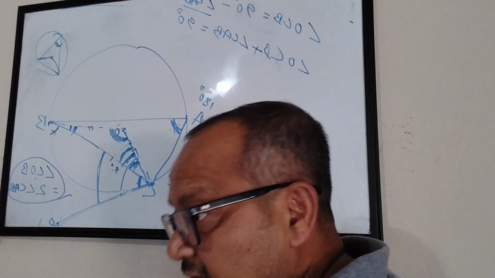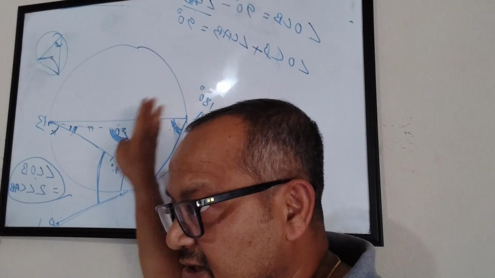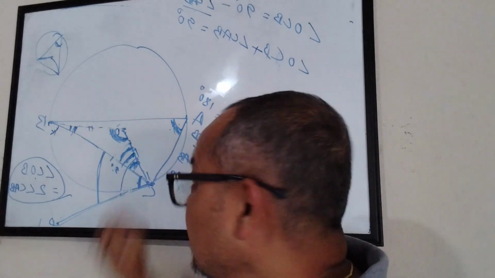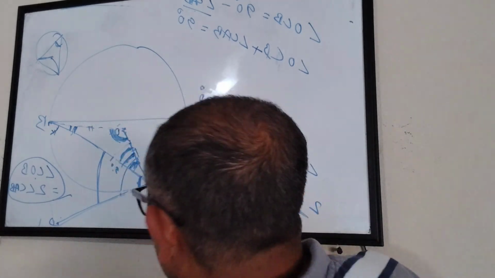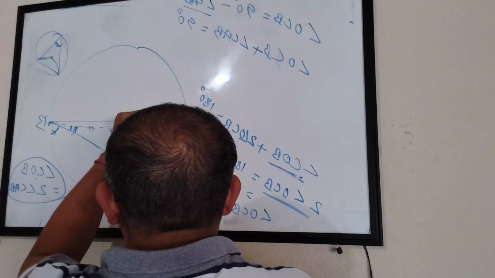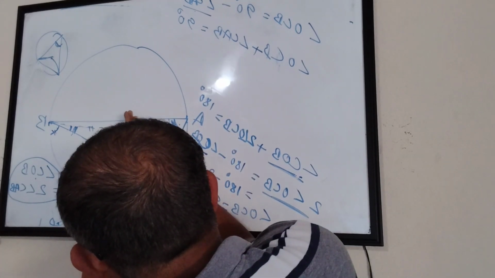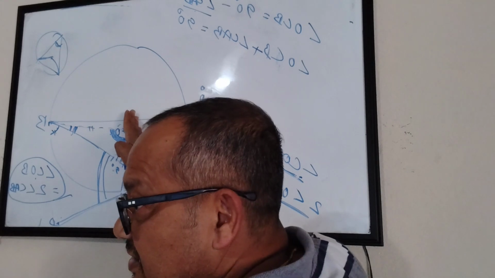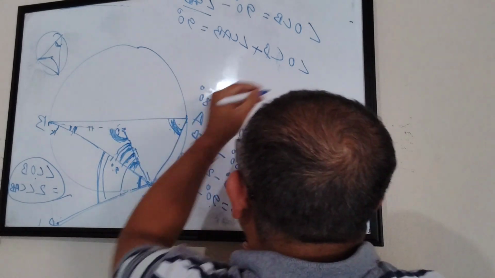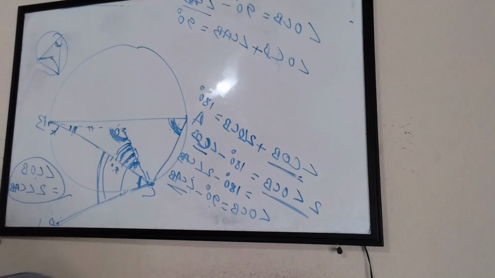So far it's fine, right? I'm just juggling with the same equation. I moved from this side to that side. Now it says this angle plus this angle is 90 degrees. Now you look at this picture alone. This angle plus this angle is also 90 degrees.